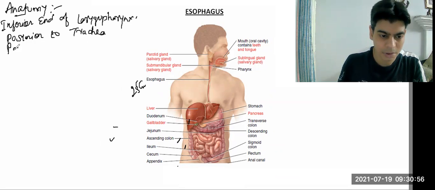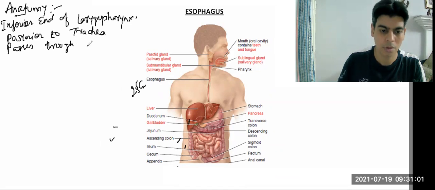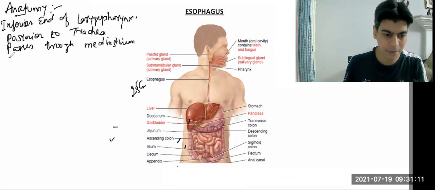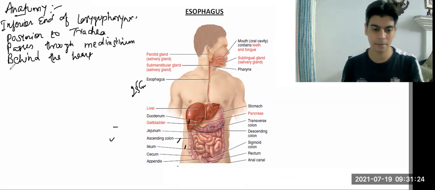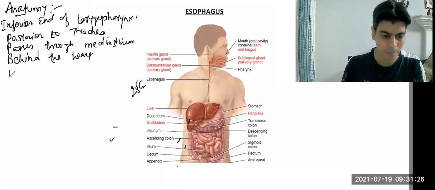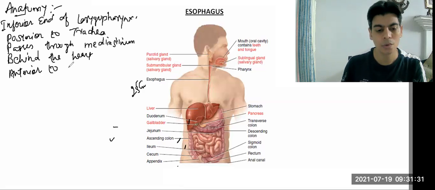It passes through the mediastinum, behind the heart, and anterior to the vertebral column.